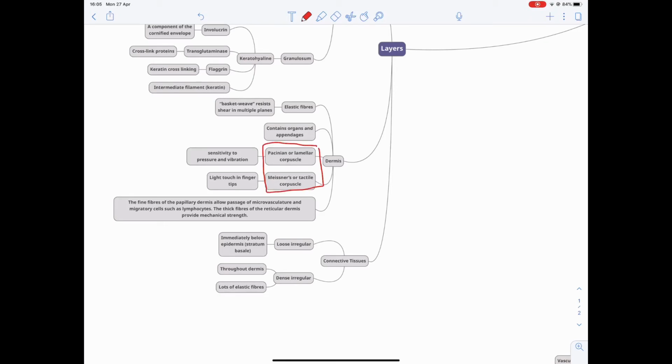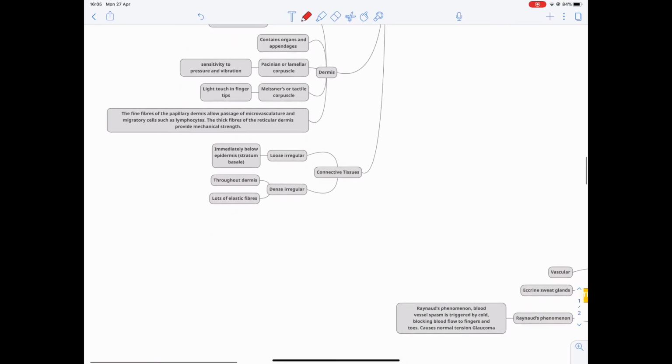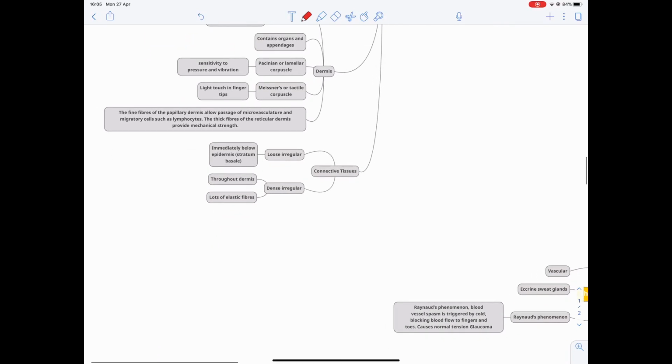These are listed here. And I've mentioned that there is loose irregular and dense irregular connective tissue. So this would be in reticular dermis, and this would be in papillary dermis.